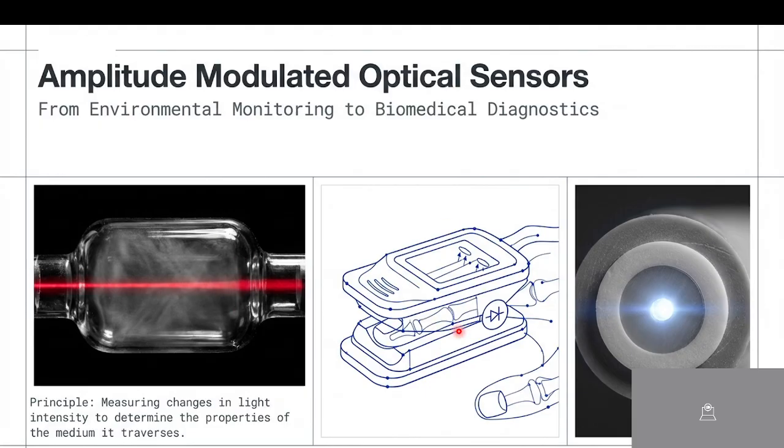Then here you can see an oximeter, shown in sketch form, where we put our finger and use the oximeter to get information about the oxygen level in our blood, as well as for heart rate measurement. And here is a light source shown for amplitude modulation, where the intensity can go up and down.